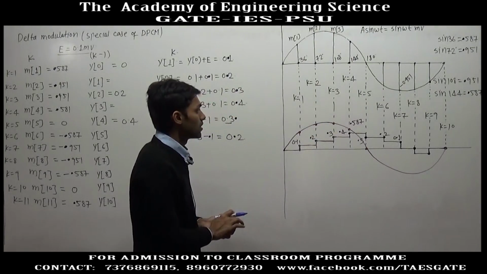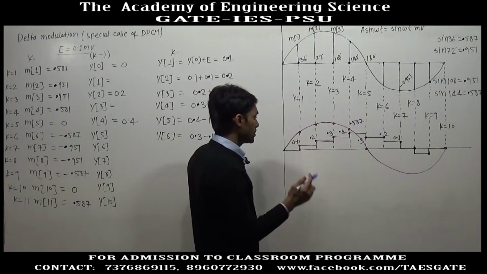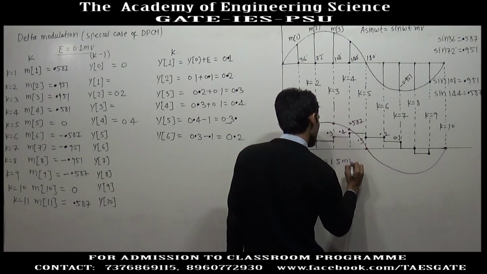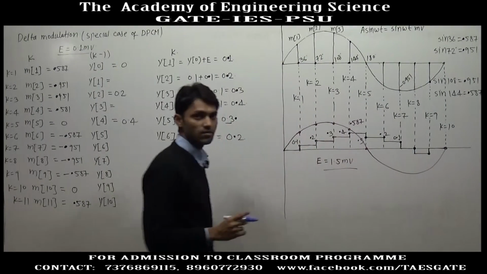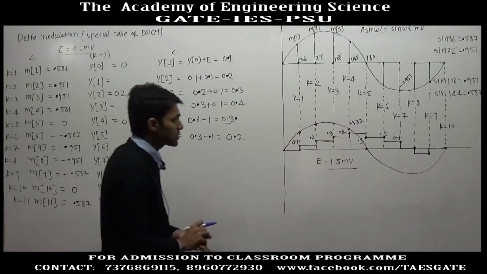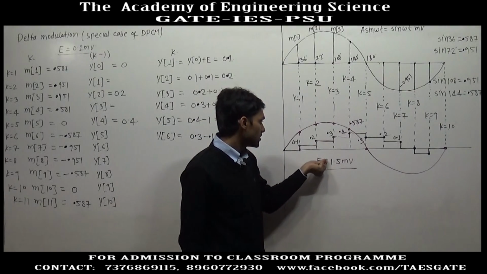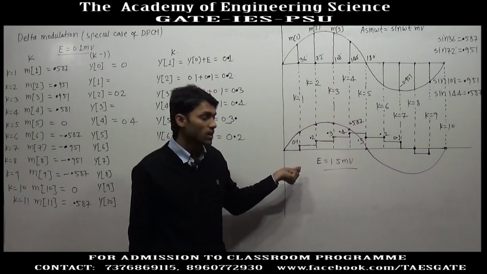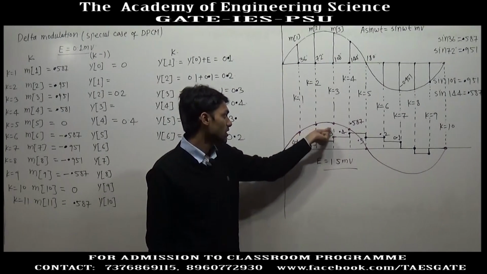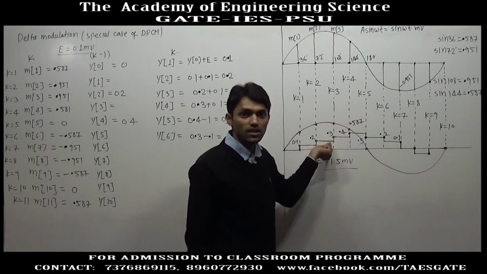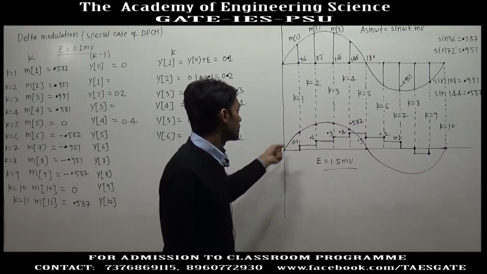If you draw the same output taking E equal to 1.5 millivolt, in this case also the tracking will be very poor, but in this case you will observe that the change in the output of delta modulator is very fast as compared to the input, but here the change in the output of delta modulator is very slow as compared to the input.